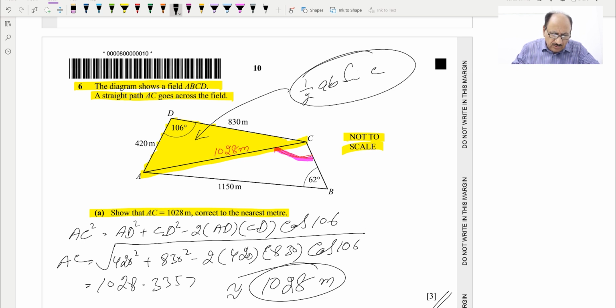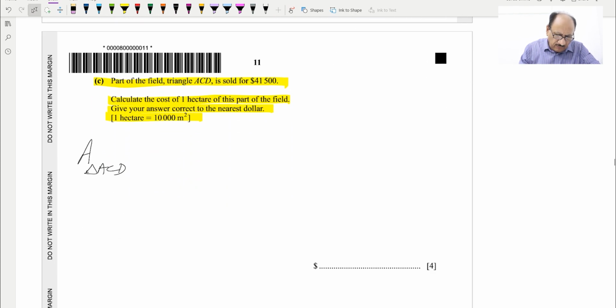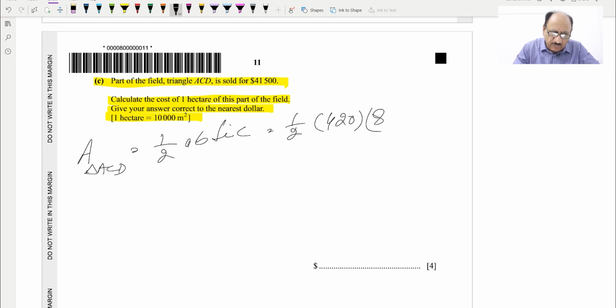So AB is 420 and 830, and 106 is the angle. So we can write half into AB sine C, which is equal to half into one length, which will be 420, the other one 830, into sine of 106.